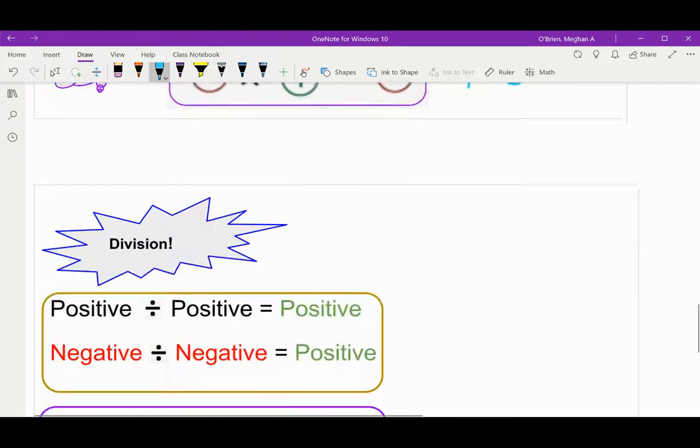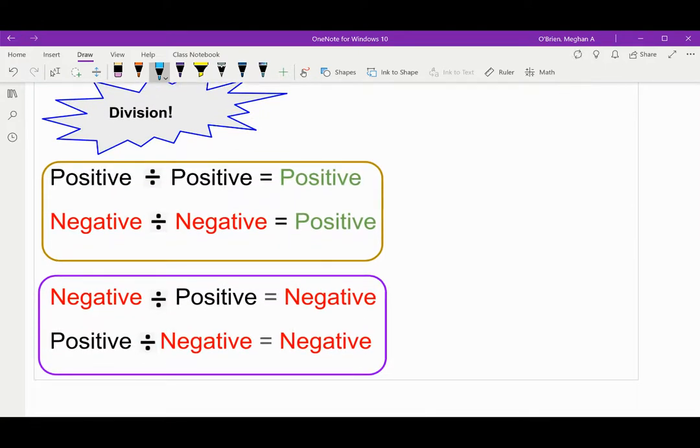Cool. And then division. The rules are the same, right? Because they are connected to multiplication. So a positive divided by a positive is a positive, and we've known that for quite a while. A negative divided by a negative also equals a positive quotient.